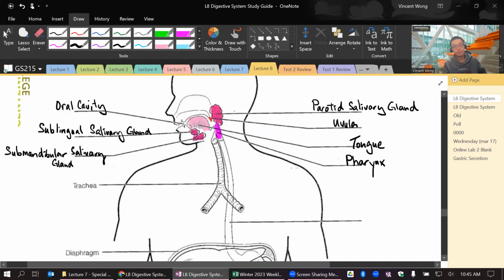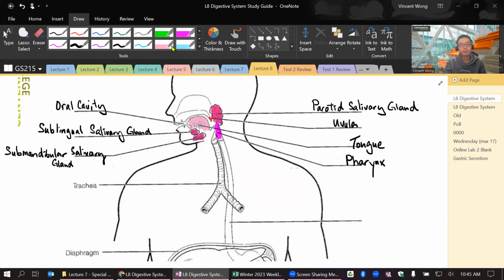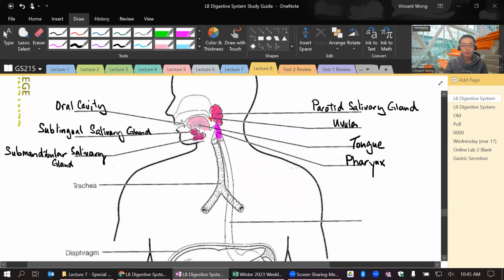So far, nothing new. And here is the esophagus.